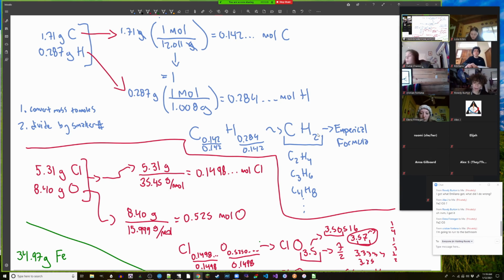And in fact, I think for this first one we did CH2. I think the actual formula is C2H4, if I'm just looking at the compound here. Oh, maybe it's CH2. Ethylene. Interesting. I don't know. It could be both. But you need one more piece of information in order to get that.